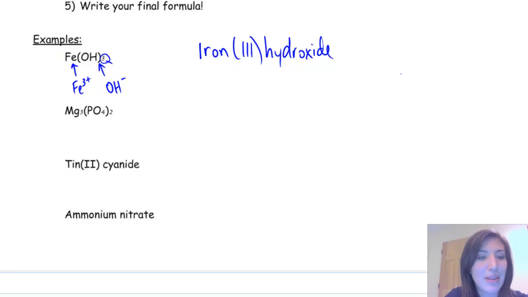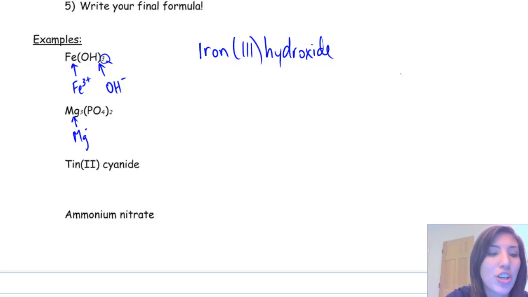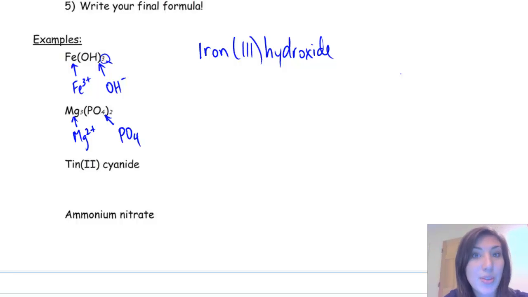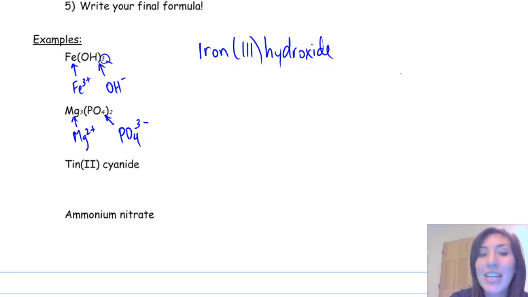Okay, let's try another one. Here we have Mg, so this is magnesium. We know that magnesium carries a charge of 2 plus. And here we have this PO4. And that's in brackets so it sticks together. And we know that if we reverse that crossover, this should be a 3, and we know it's going to be a minus because one will be positive, one will be negative. So here, PO4, 3 minus, we can look it up in our data booklet and see that this is phosphate.